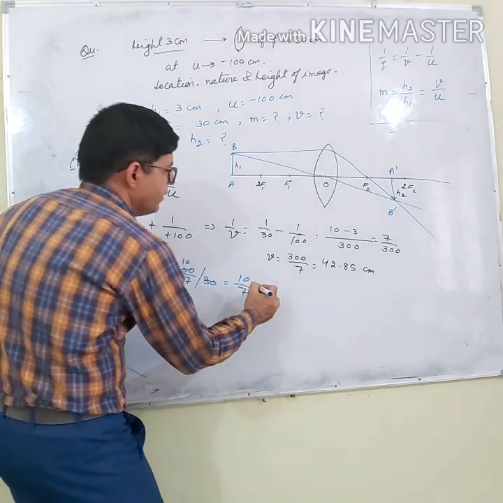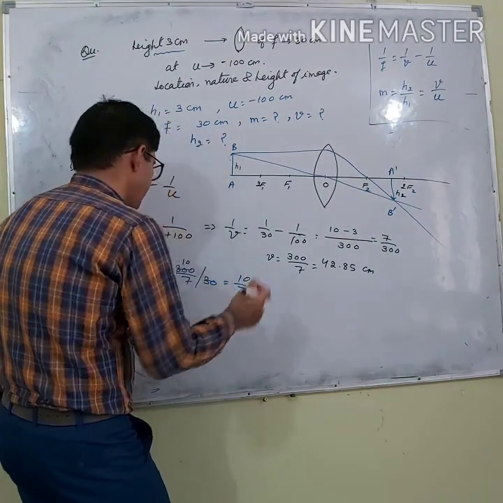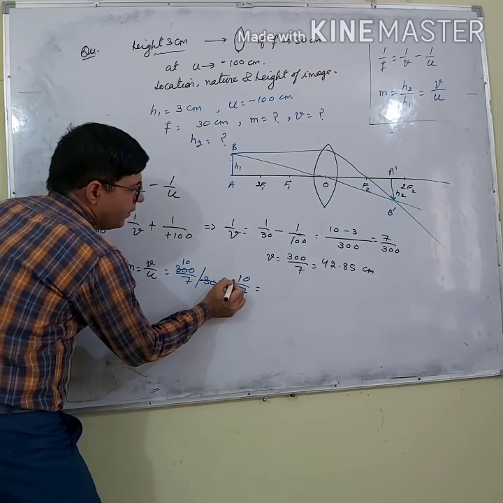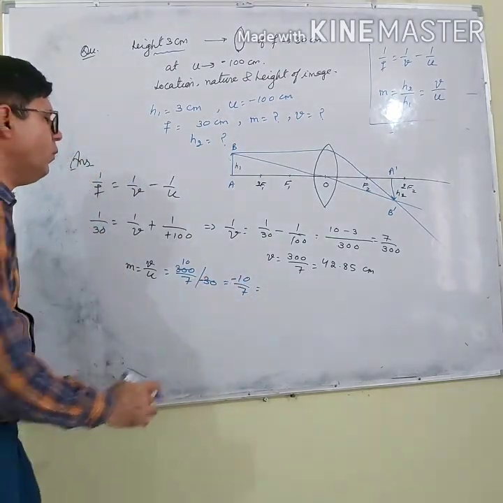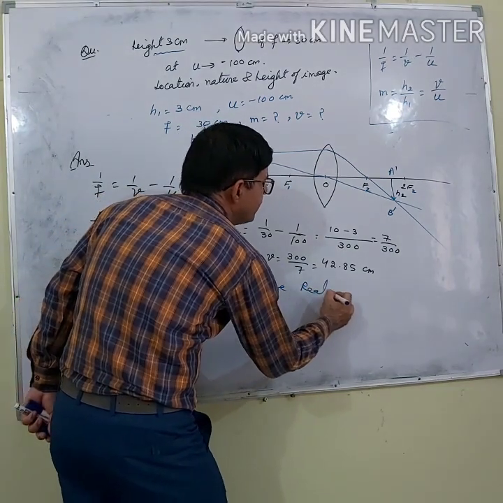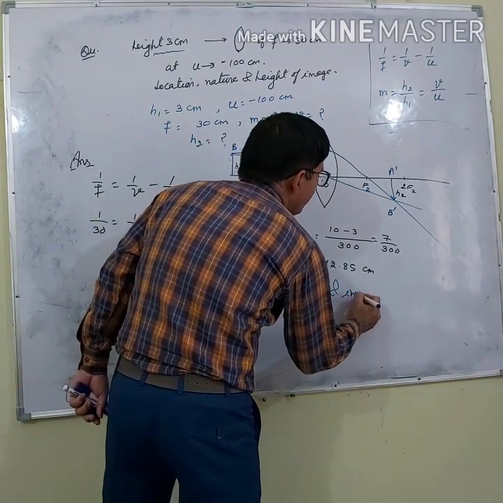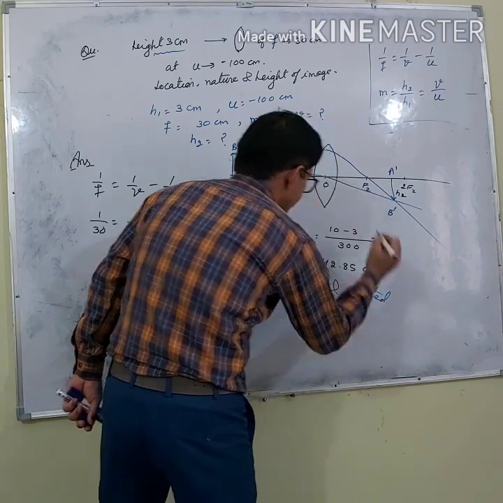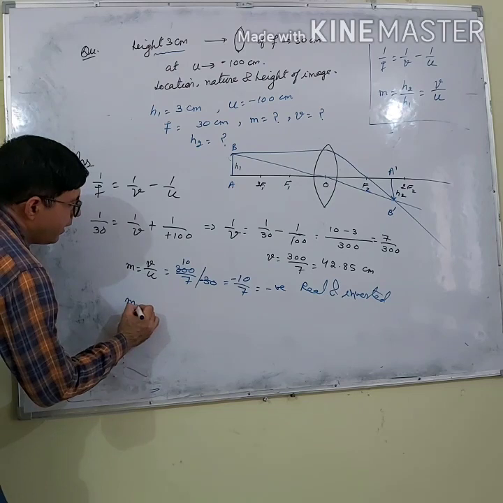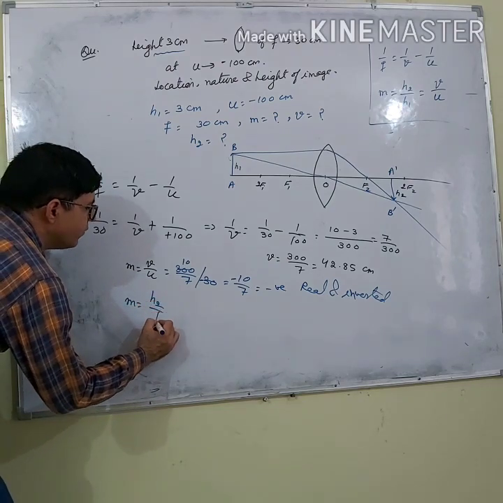And is this positive or negative? U was negative. So it should be negative. So what does it mean? It is negative. It means image is real and inverted. Right? Now, M is equal to H2 by H1 also.